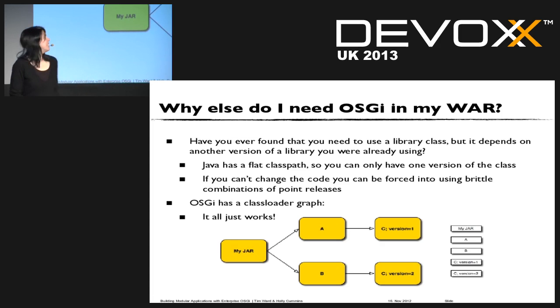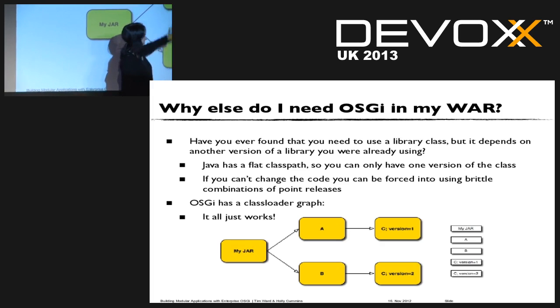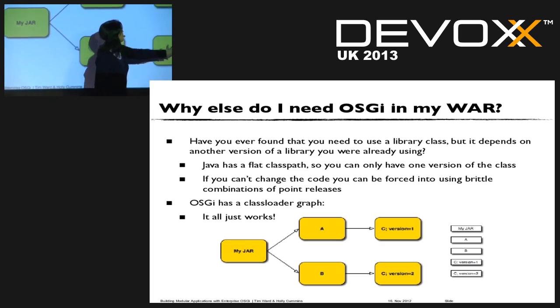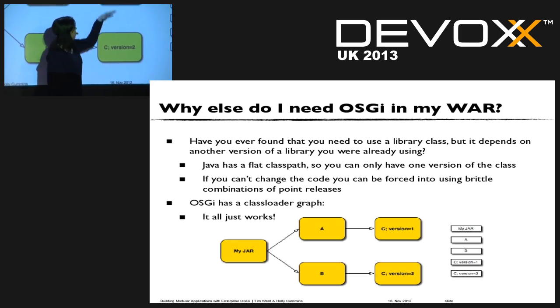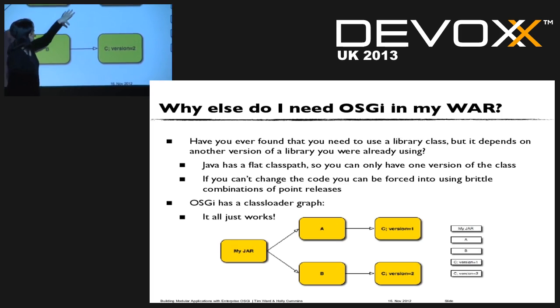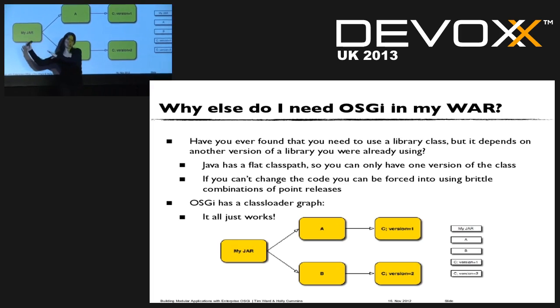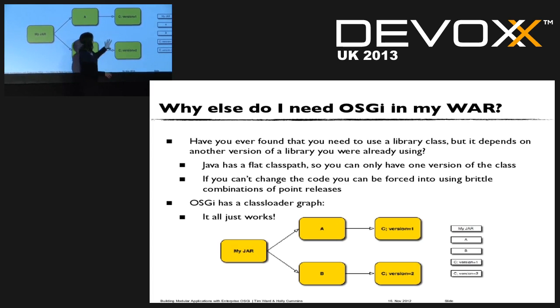So OSGi completely fixes this problem, as long as you have versions, because you have a class loader graph. So here's your jar. It depends on these two things. Each one sees its own version of library C. Because the class loader, or the class space, instead of being this long linear string, is this graph.